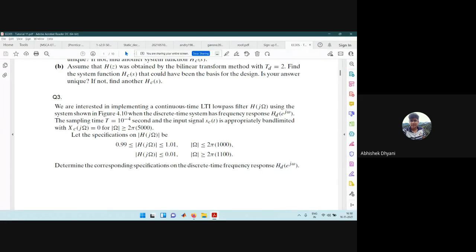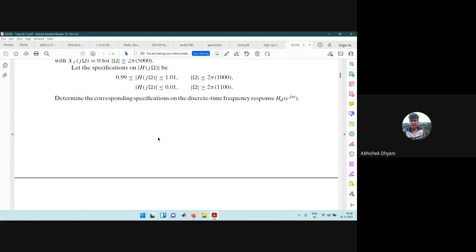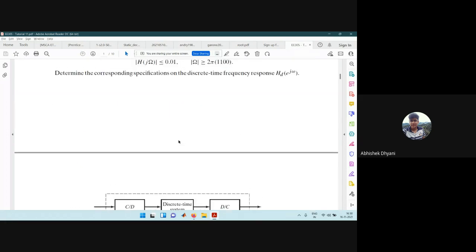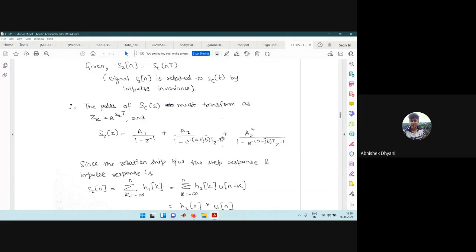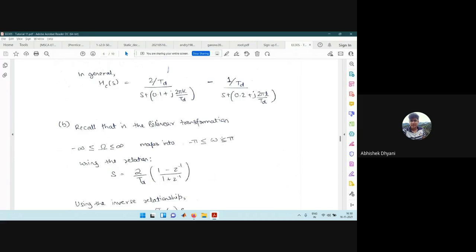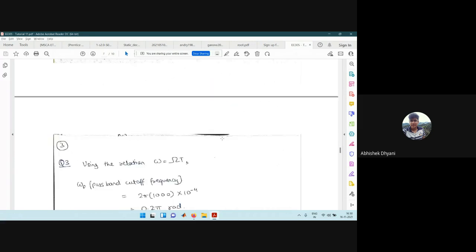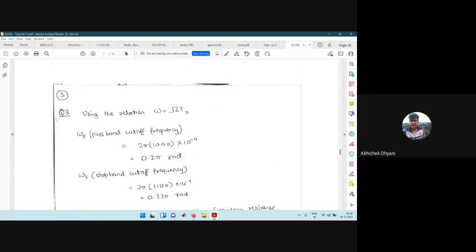So when I have to implement this system as a discrete time LTI system, because this block is discrete time, I need to convert these specifications, which are in continuous time, to discrete time. So let's look at how that is done. Okay, so here is the question.